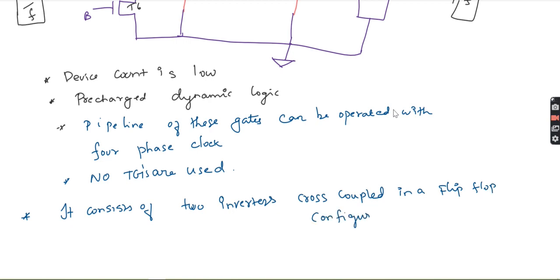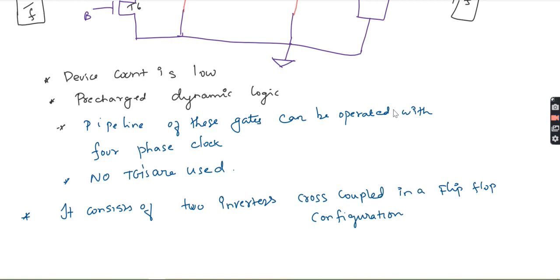In your CMOS VLSI course, you might have studied how a latch or flip-flop is constructed in CMOS. There, you will see two cross-coupled inverters. That is the same technique we are using here.